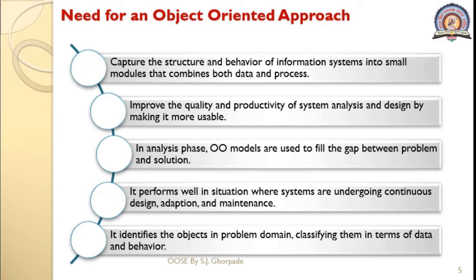In a library system, the general objects could be librarian, books, student, teacher. These are the general objects present in the problem domain, a library management system. Based on that, we need to define the necessary data for every object and the necessary methods or behavior for every object. So these are the basic needs for an object orientation approach.